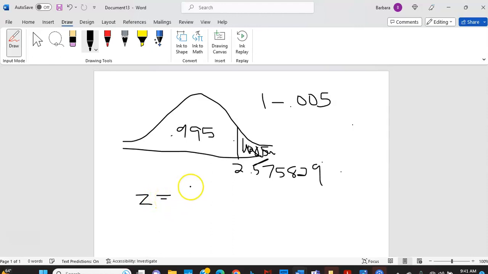We need, first of all, our sample mean, which is 61.6. Then we subtract off our population mean from our null hypothesis, 53.6.